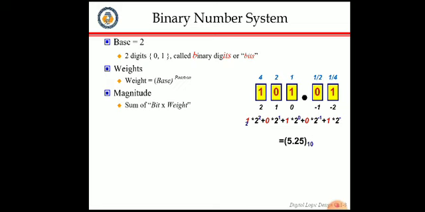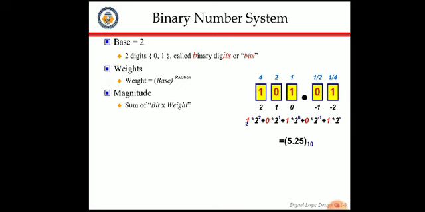In the word binary, you take the first letter B, and in the word digits, you take the last 3 letters, you will get bits. That means always you have to call the digits of the binary number system as bits, not digits. So remember, call them bits.